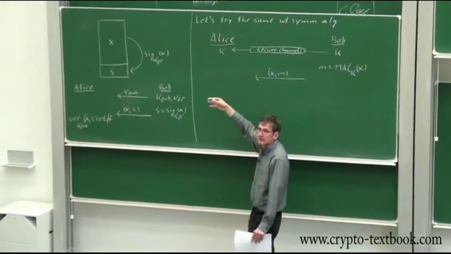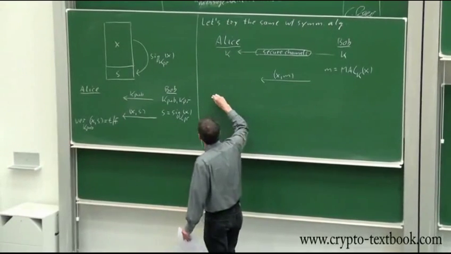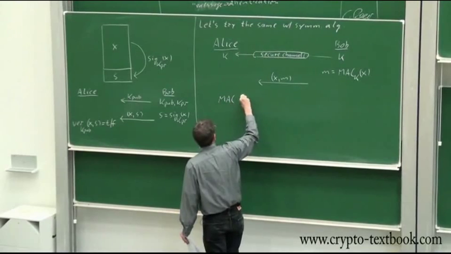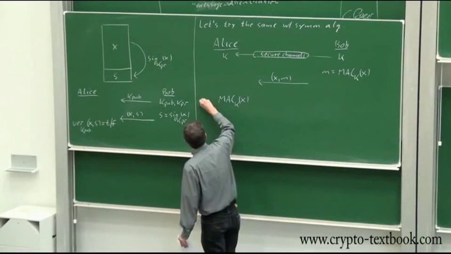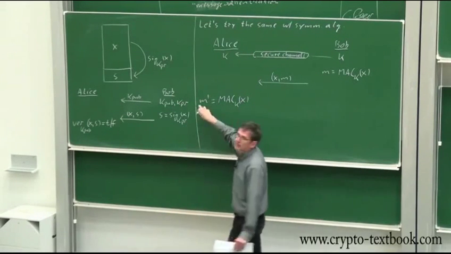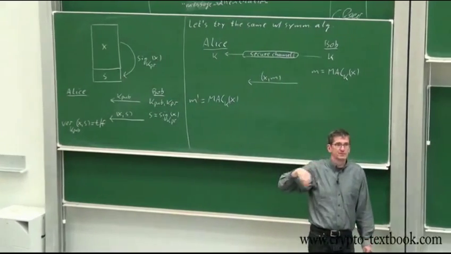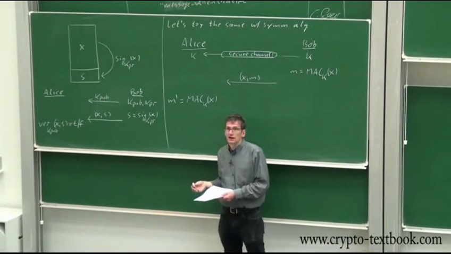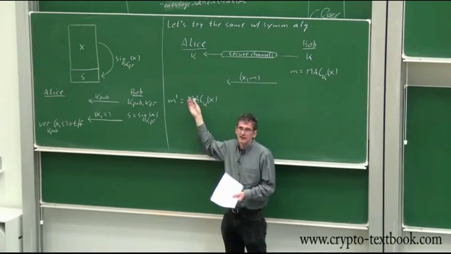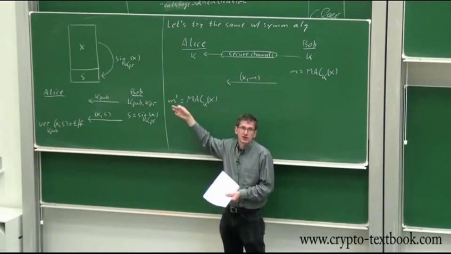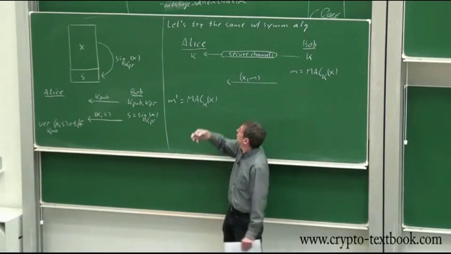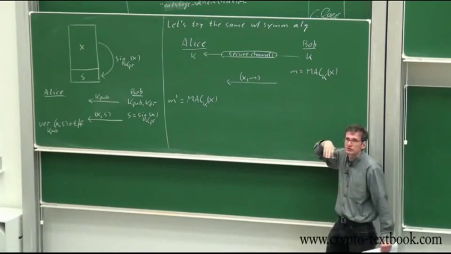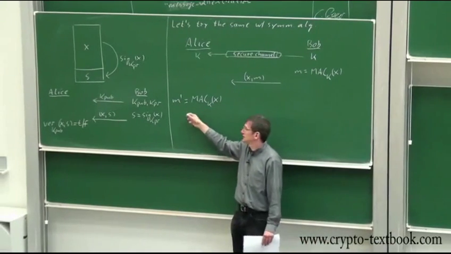That means Alice, her verification step is mainly recomputing the MAC, so she also computes on X. She gets M out, which we call M prime. This is not the verification per se. This is just doing a simple computation here. What is now the final verification step? What does Alice have to do so she knows that this is really the original message here? What is the next line here?